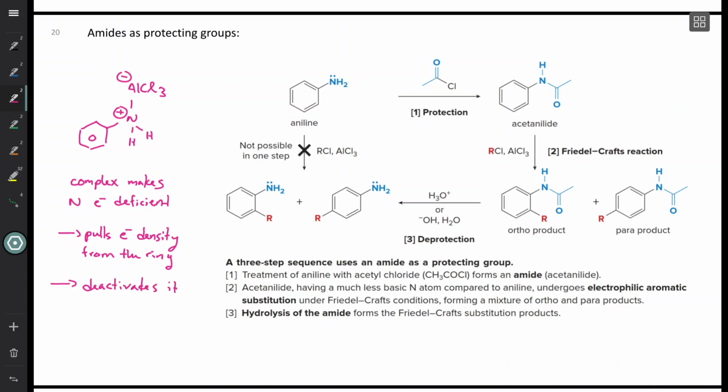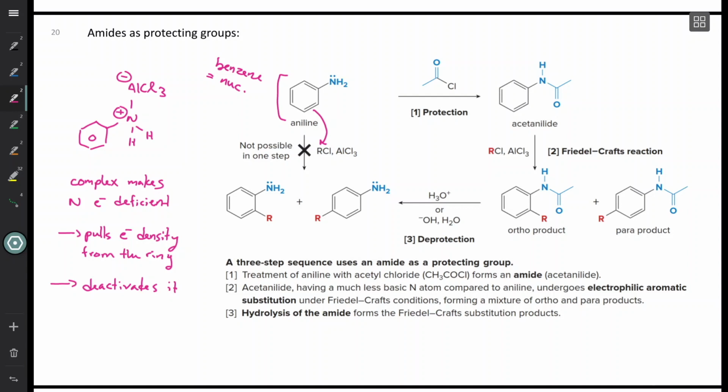Right? Because in this reaction, benzene is the nucleophile. It needs to be electron rich to attack the alkyl chloride.